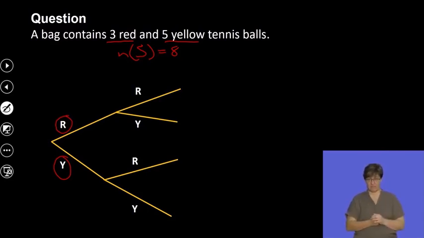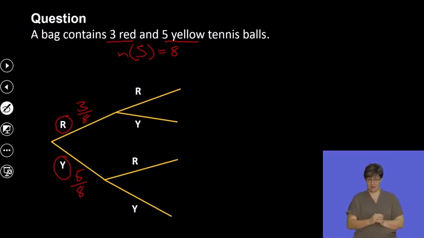Be very clear about that. So let's put in the probability of the red ones now. There are 3 red, and there were a total of 8 in the sample space, so that's 3 out of 8, whereas in terms of the yellow ones, there were 5 yellow ones, and that's 5 out of 8. Now, if we add those together, can you see it will give us an answer of 1?